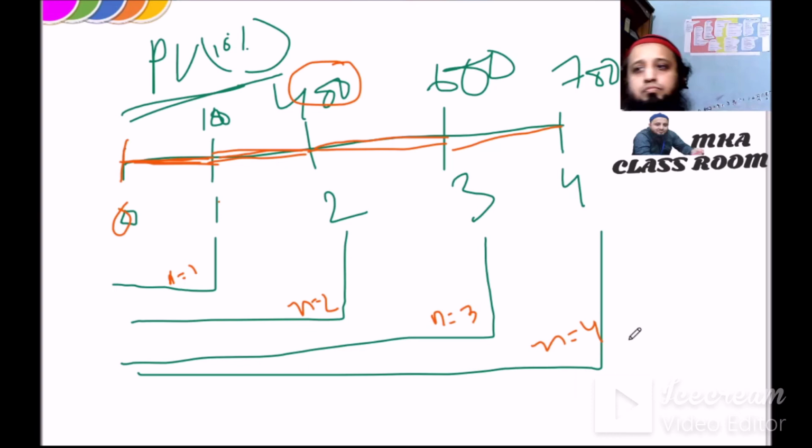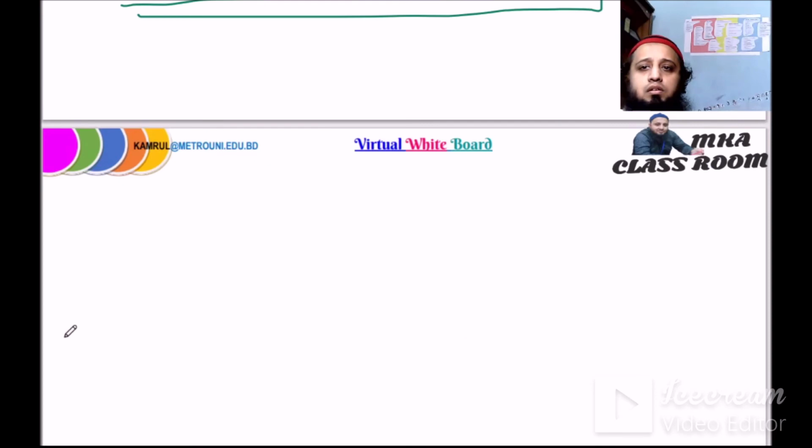Now we can use our desired formula, PV equals FV divided by 1 plus r power n, that is our formula for a single amount.